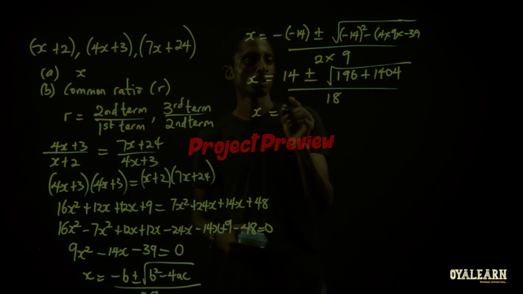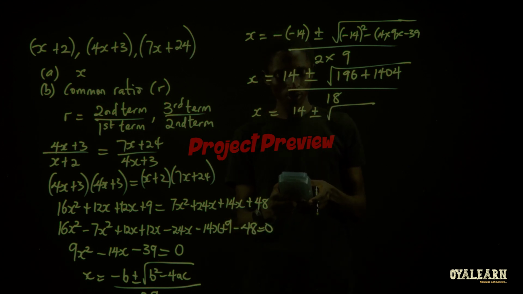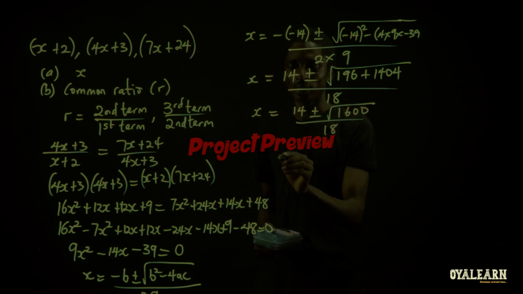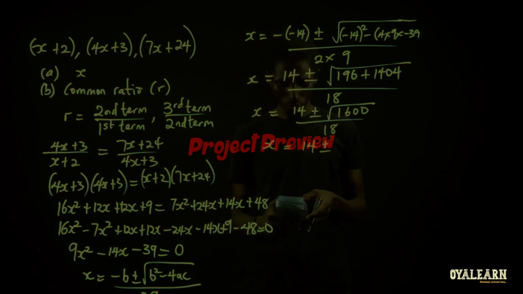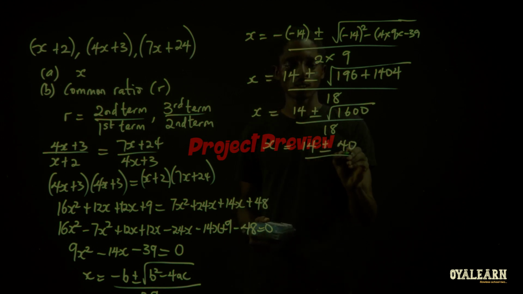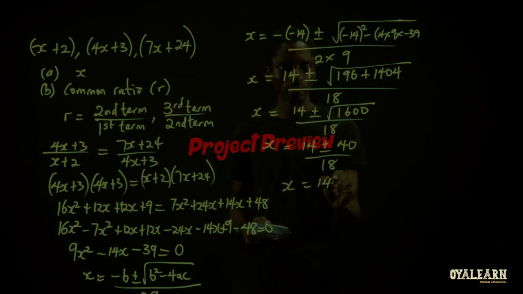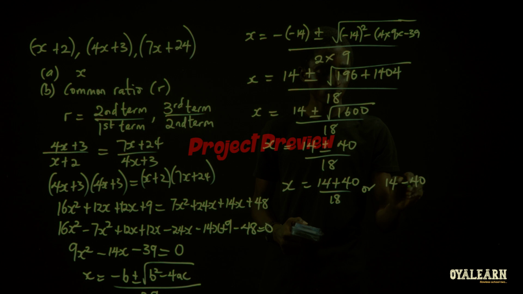Now, continue. Here we have 14 plus or minus square root of 1,600 all over 18, making our value of x become 14 plus or minus, and then the square root of 1,600 is 40 all over 18, meaning our x is 14 plus 40 over 18, or 14 minus 40 over 18.